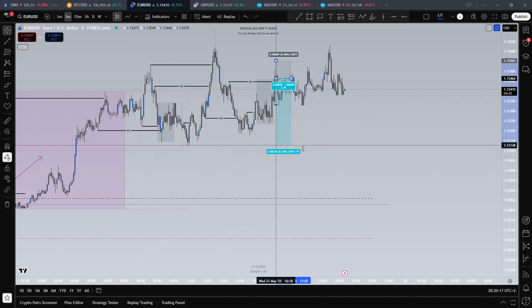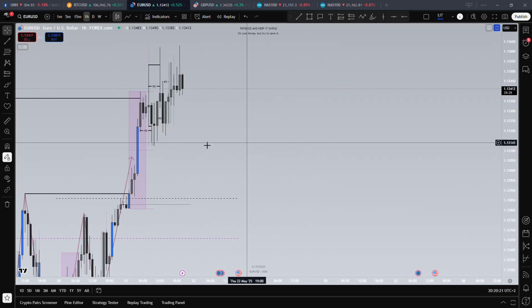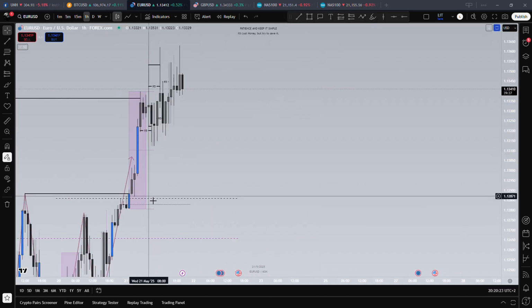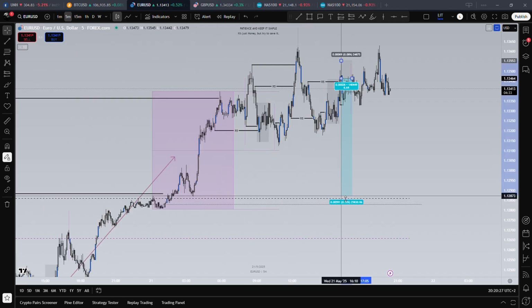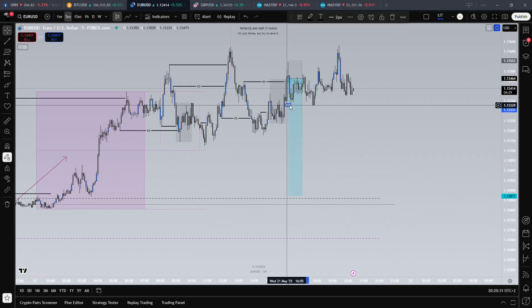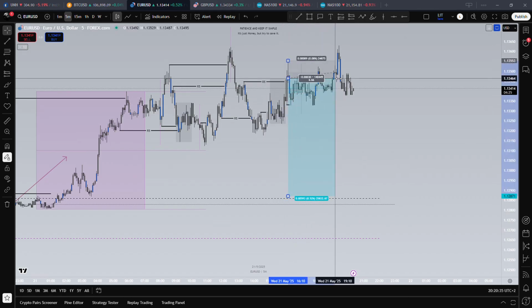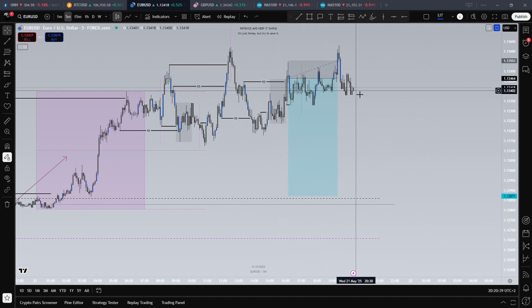and I would have targeted, I don't know, probably here, yes. And maybe I probably would have had a stop loss because the raw liquidity was here.